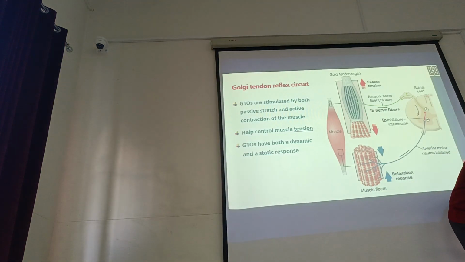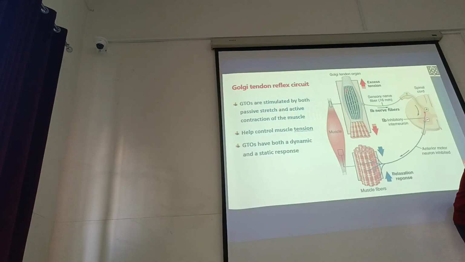So it goes to the spinal cord, it activates an interneuron. The name of this interneuron is 1B inhibitory interneuron because it's connected to 1B fiber, right? So this is an inhibitory interneuron, so it inhibits alpha motor neurons that go to the same muscle.